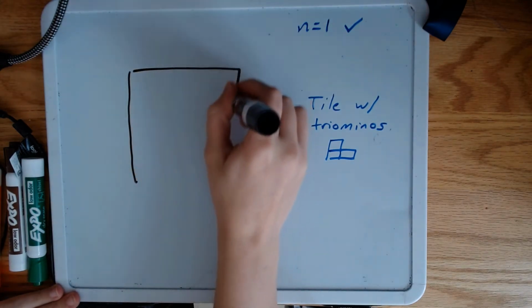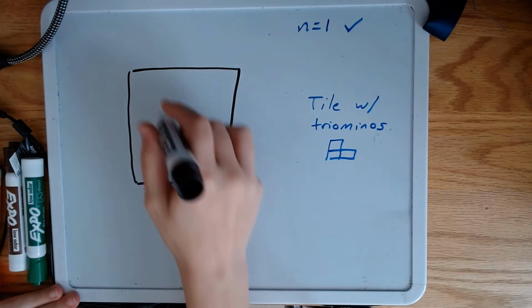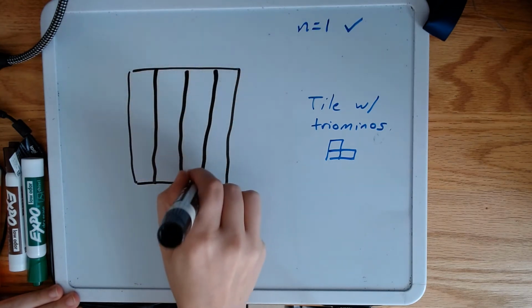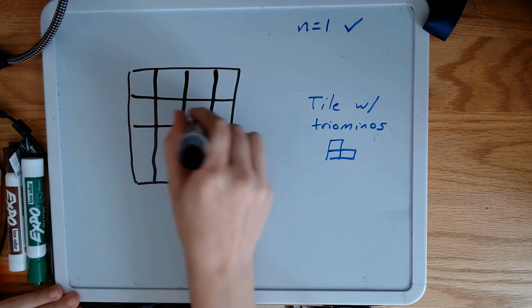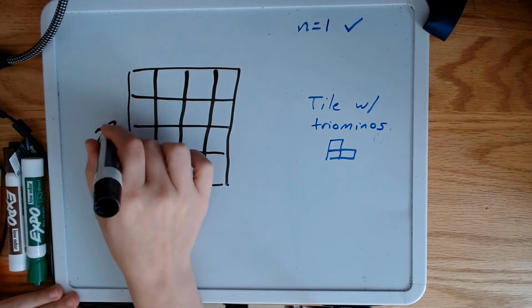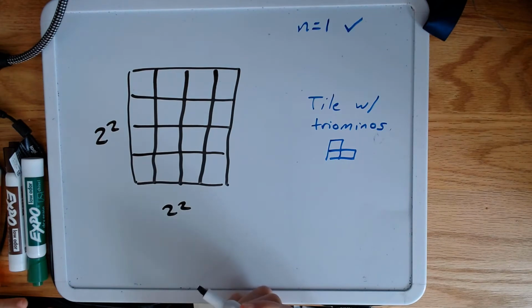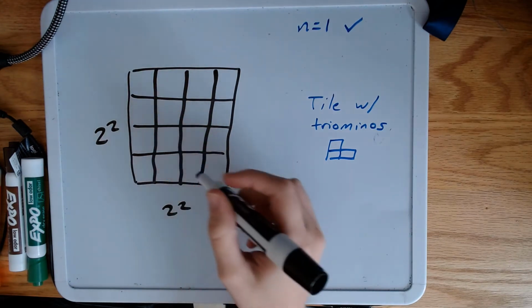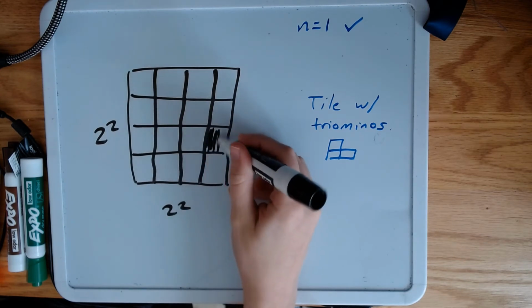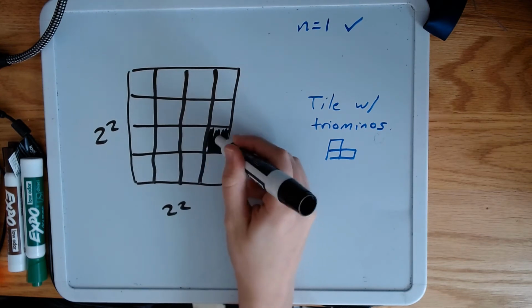But we want 2 to the 2 squares on each side here, so we want a 4 by 4 grid. Two to the 2. And I'm going to remove a square. I could remove any square. Let's say I remove this one.